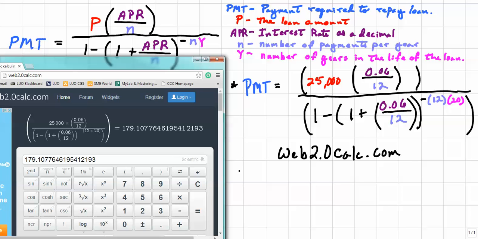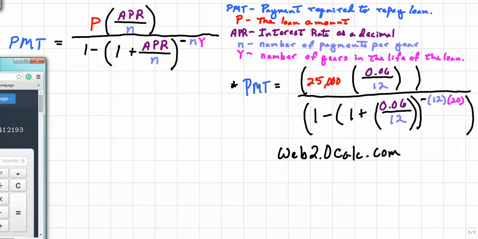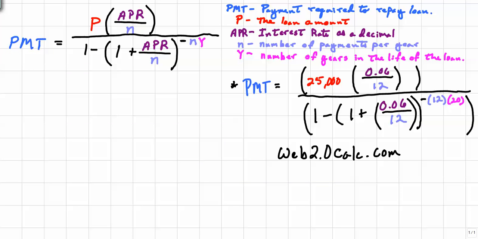179.1077. So that means that the monthly payment will be $179.11. So PMT for this problem is going to be equal to 179.11.